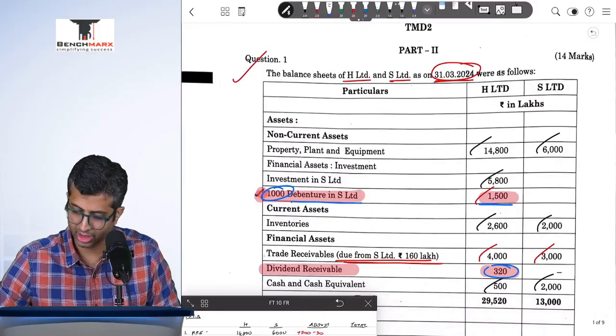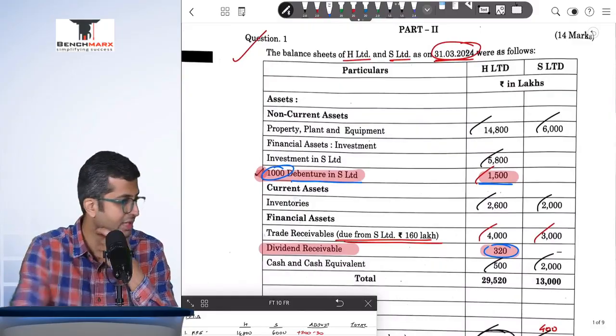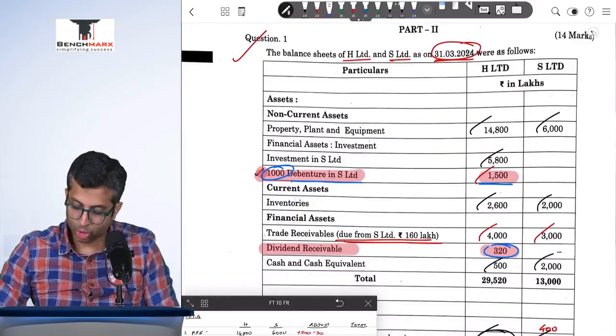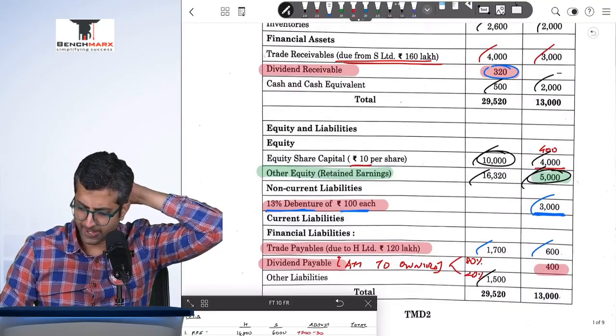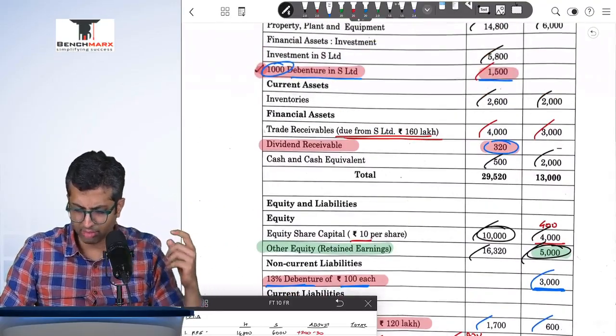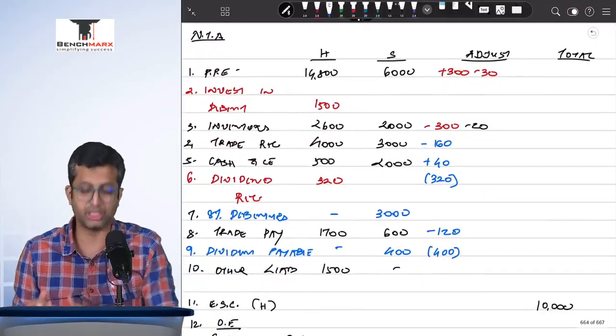Everything seems to be in lakhs. So over here, if there are 3000 worth of debentures, I can say maybe 1000, that is 1/3 of them, are held intercompany.